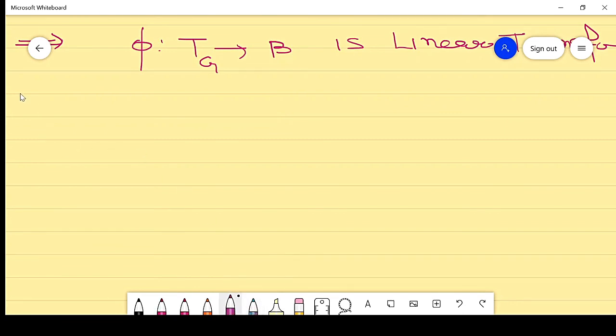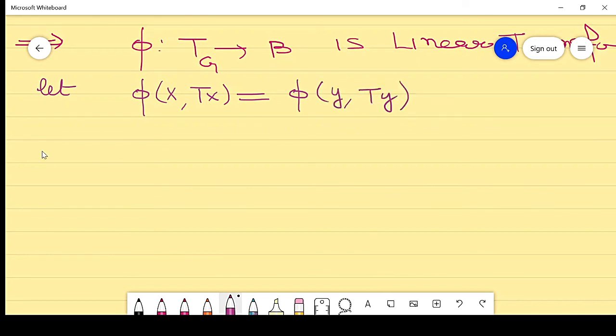Now, to prove one-one, let phi(x, Tx) equal phi(y, Ty). It implies, using the definition, this will be x and this will be y.